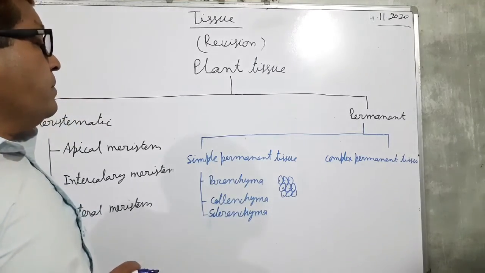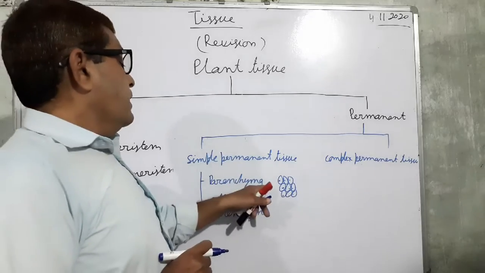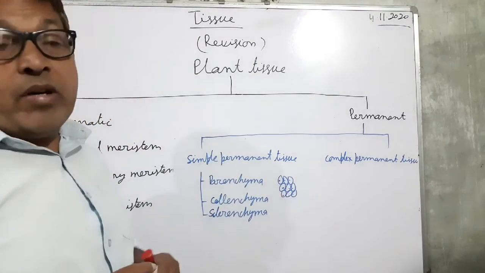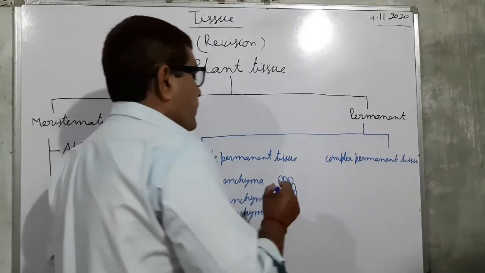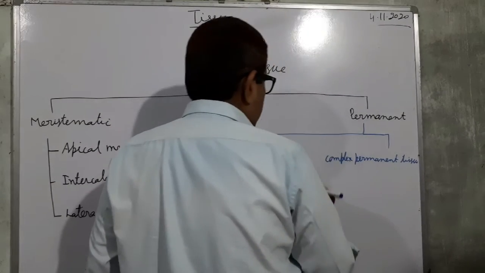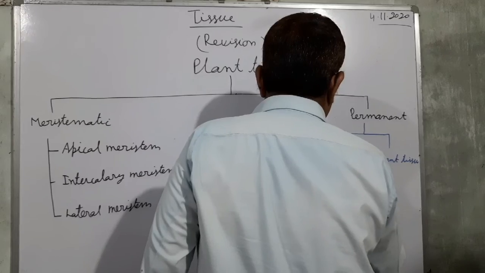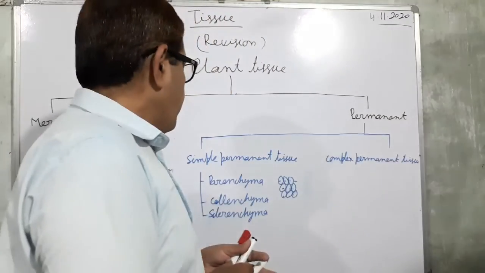In case of the parenchyma, the cells are living, thin walled, with dense cytoplasm. Parenchyma can be modified into chlorenchyma.